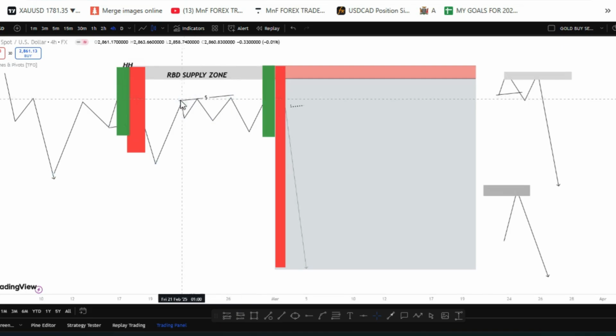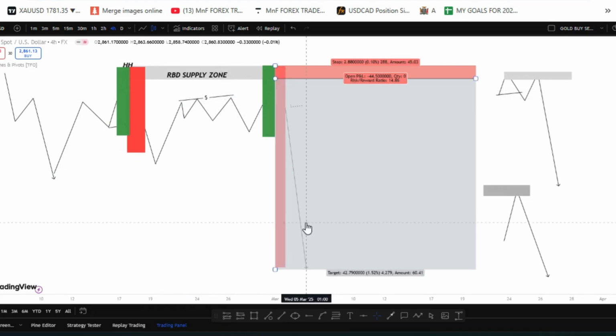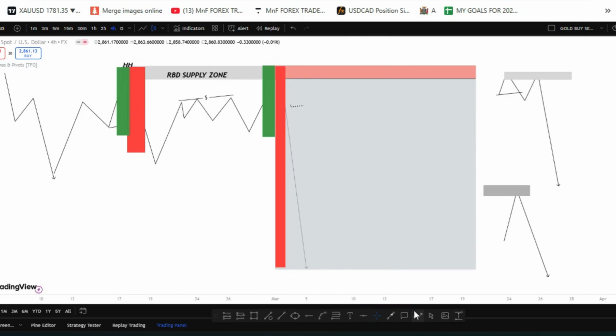So apart from that, we also have breakout traders, those who want to wait for the market to actually break this liquidity, and then give them a retest, and then actually buy. So there are also these kind of traders who are waiting at this level.